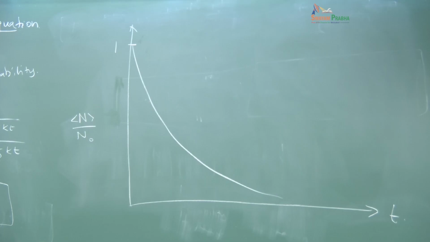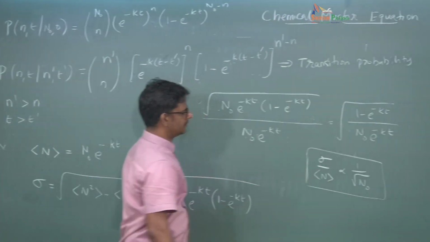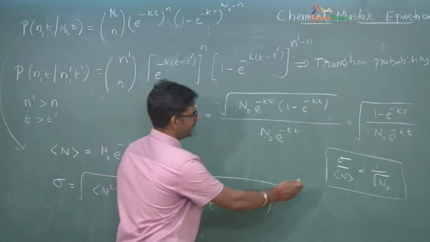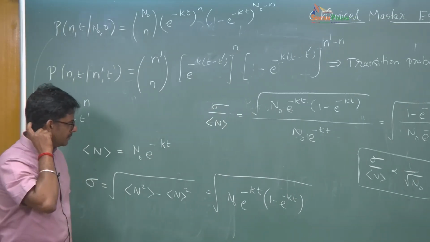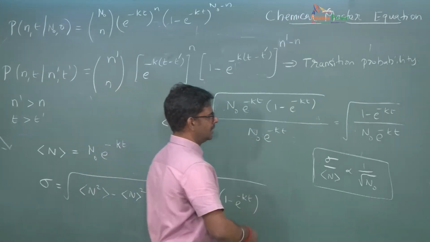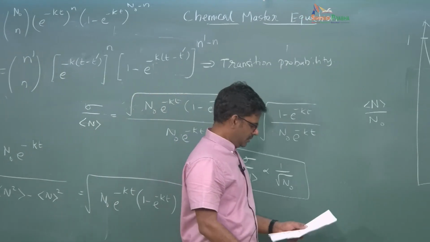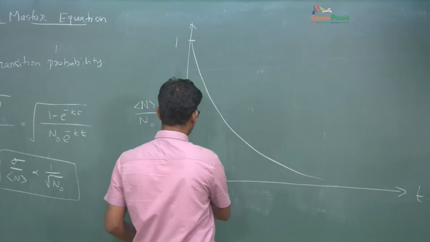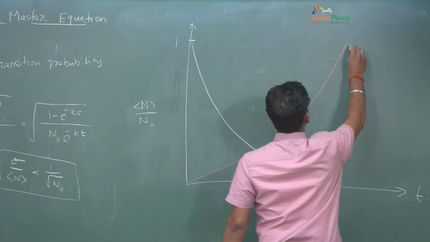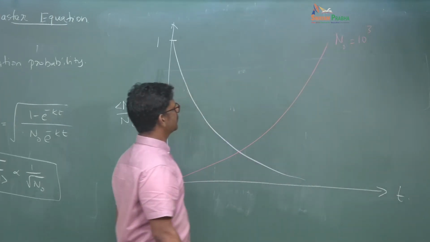Now on the other hand, if I wanted to look at this quantity, the standard deviation with respect to mean or the coefficient of variation, then this depends on what n0 I'm going to look at. Here you get this for n0 equal to 1000.